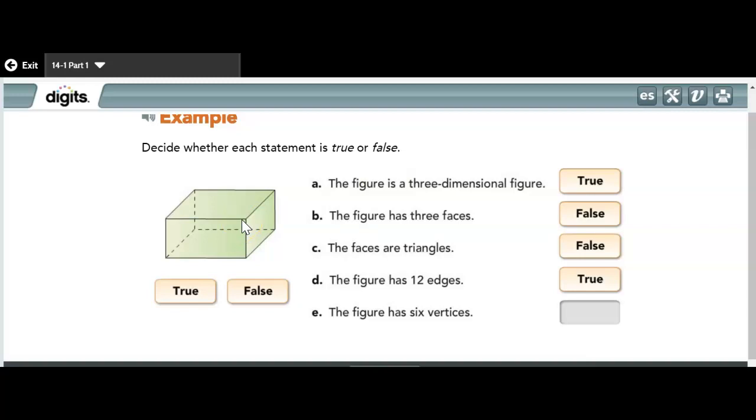And the figure has 6 vertices. Remember, vertices is a vertex in plural form. That is false. There are 1, 2, 3, 4, 5, 6, 7, and 8 vertices.